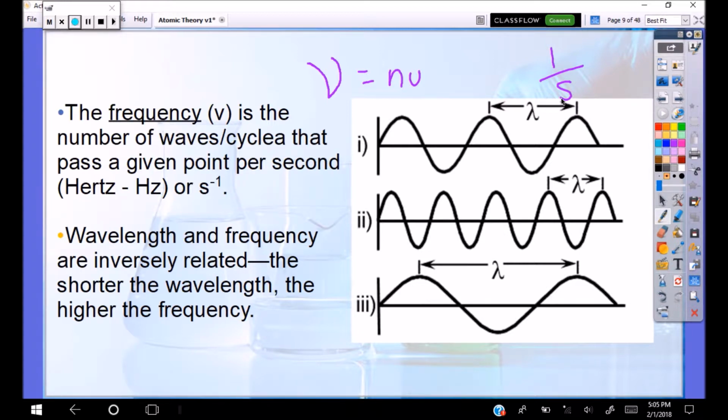Again, wavelength and frequency are also inversely related. Frequency is directly related with energy. So if you increase your frequency, you're increasing your energy. You have more passes of the wave per second. It's going to hit you with more force because you're getting hit by more of them. You're getting bombarded with more waves in that sense.